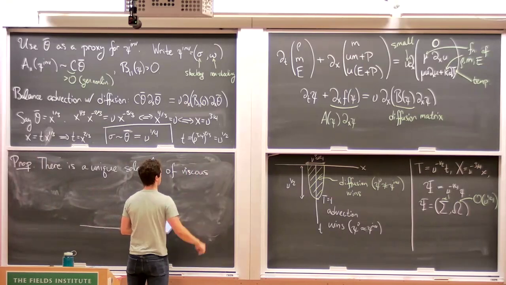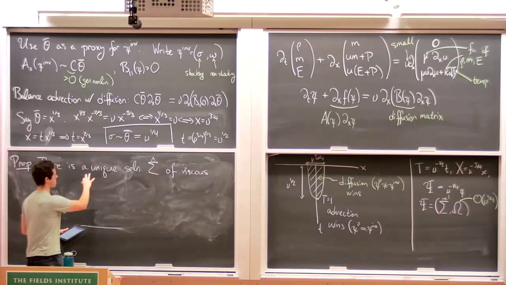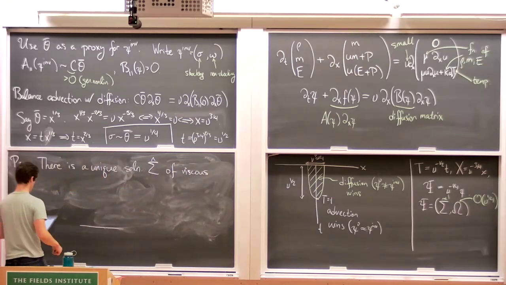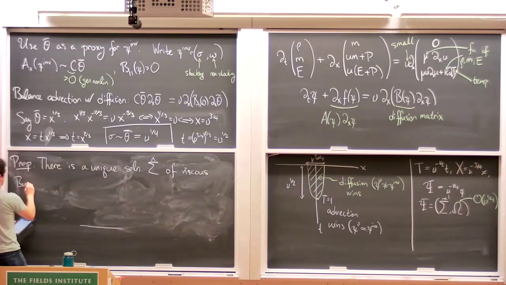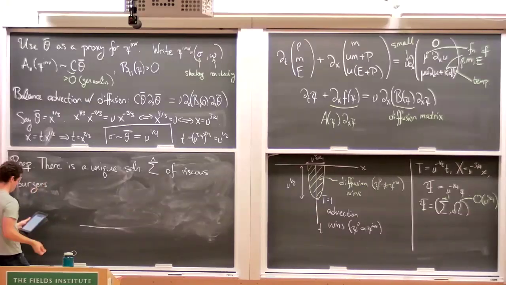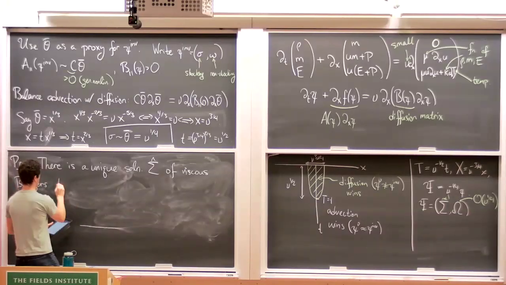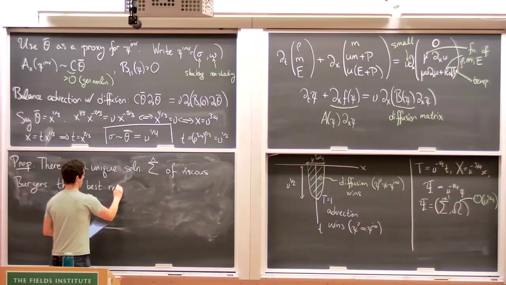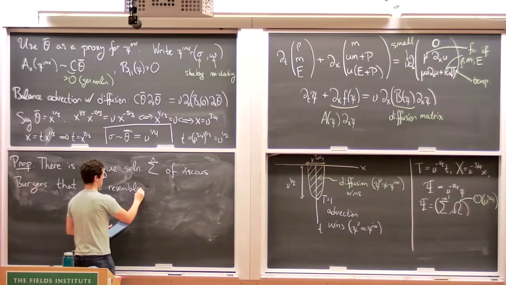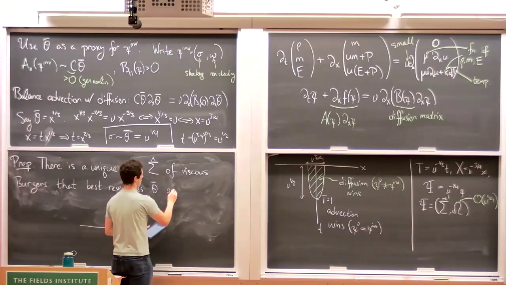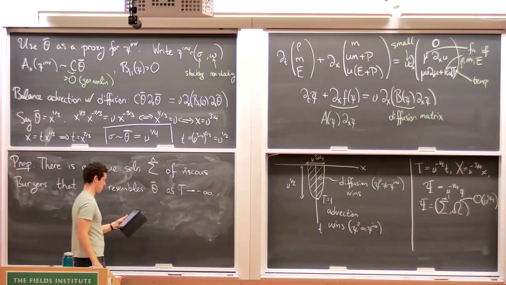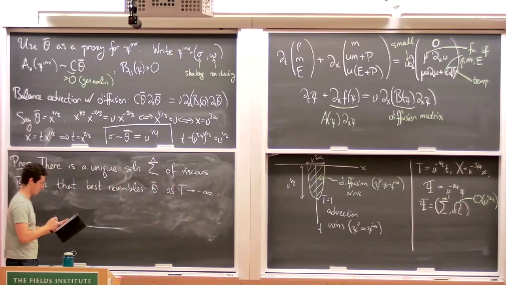But it turns out there's a distinguished solution that I'll call sigma hat of that viscous Burgers equation that best resembles theta bar properly rescaled as t goes to negative infinity.